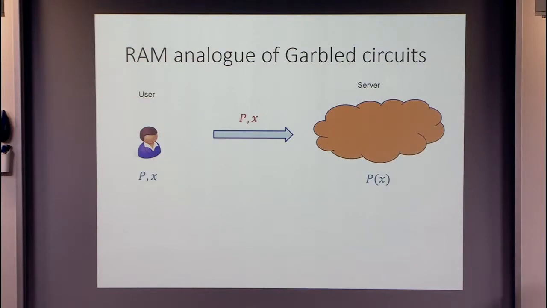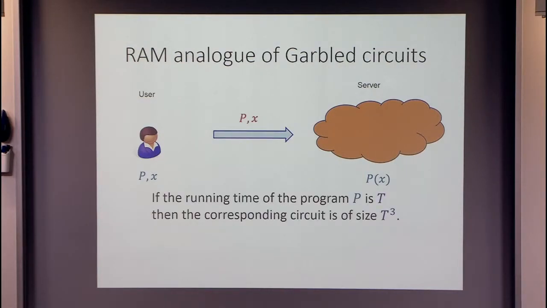Okay? So Yau gave a solution for the setting of circuits, but for RAM programs, if you started with a program P, say of running time T, and you wanted to use Yau's solution, then the size of this garbling, which will result first by taking this program, converting it to a circuit, and then generating a garbling, would grow with size a cubic in the running time of the original program, ignoring log factors, which is a substantial hit in performance.